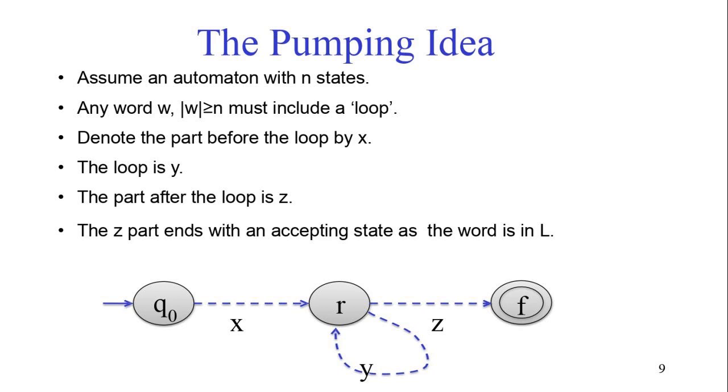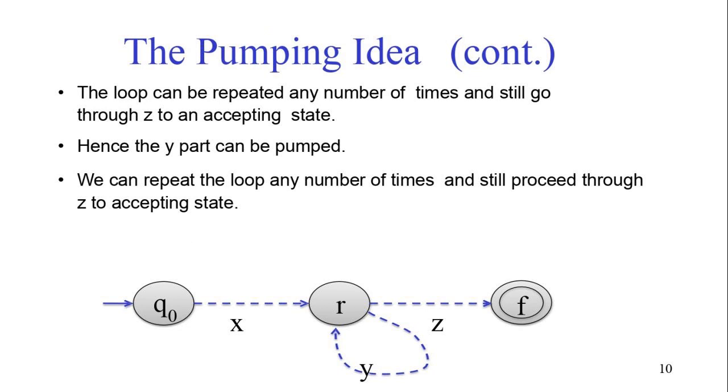So such a finite automata accepts any regular expression of infinite length which has y repetitions. Again, y is the part which can be pumped into the finite automata n times, and still the automata reaches the final state.